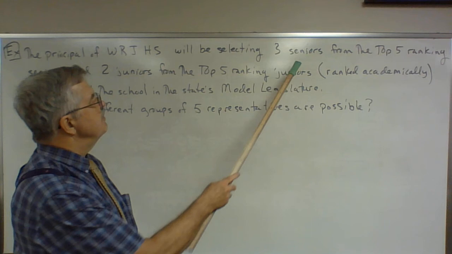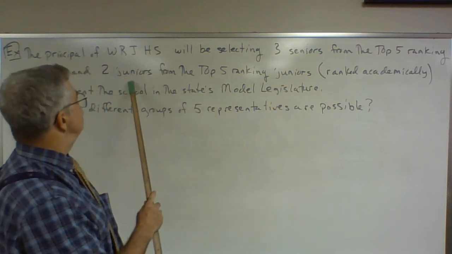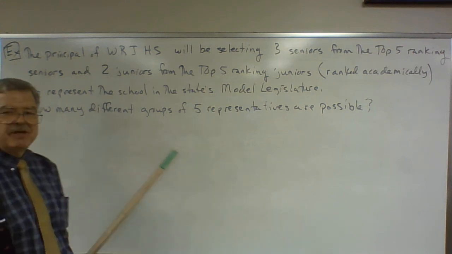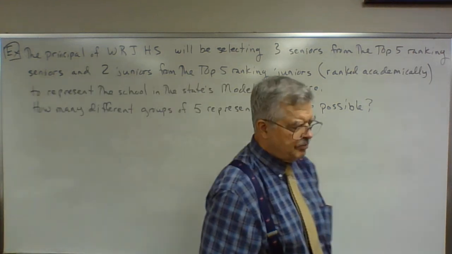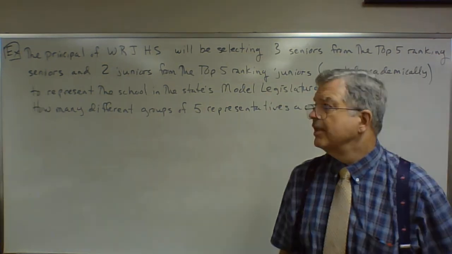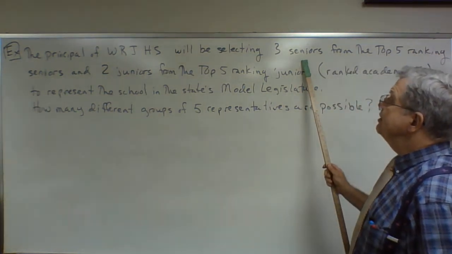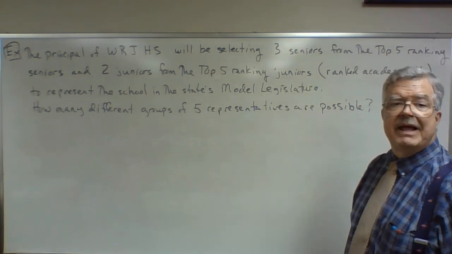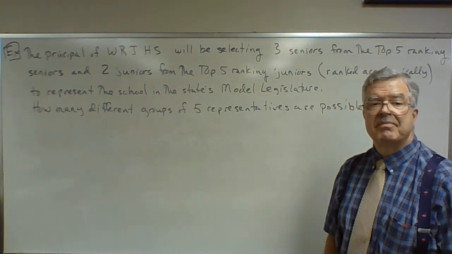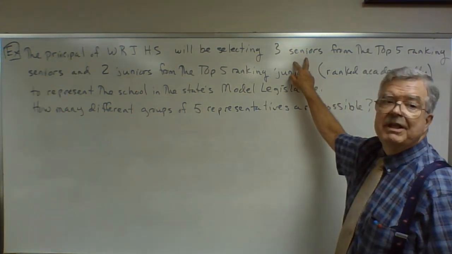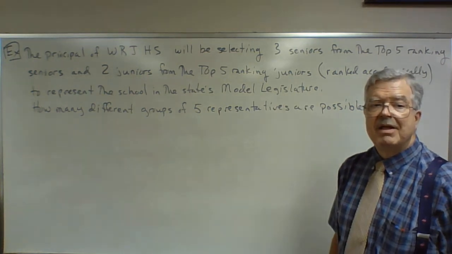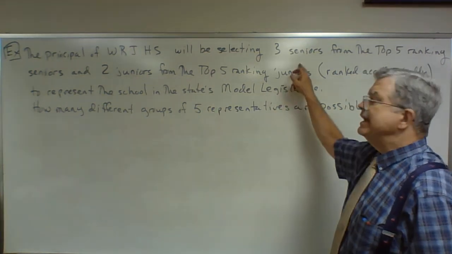So we're going to select 3 seniors, 2 juniors, put them together in one group of 5 representatives. Is order a concern here? Of the top 5 seniors, 3 are selected, not necessarily the top 3 academically. Maybe just randomly, 3 seniors are selected from the top 5. Does the order in which those 3 get selected matter?